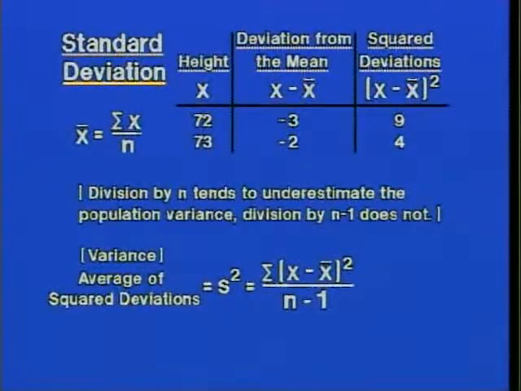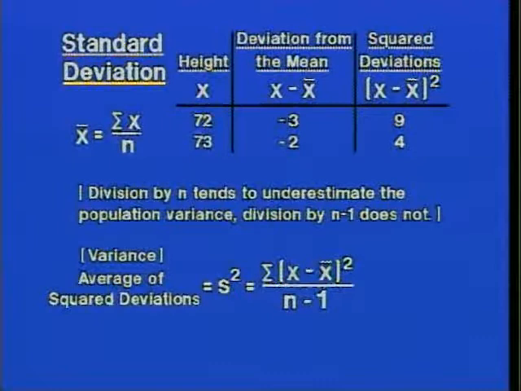Now why is this important? Well, a lot of times we're trying to estimate some information about the population from information about a sample, as we have discussed earlier. And in this circumstance, if we take the variance of a sample, we want that sample variance to emulate the population variance as closely as possible, and it turns out that dividing by n minus 1 is a better estimate of that variance.